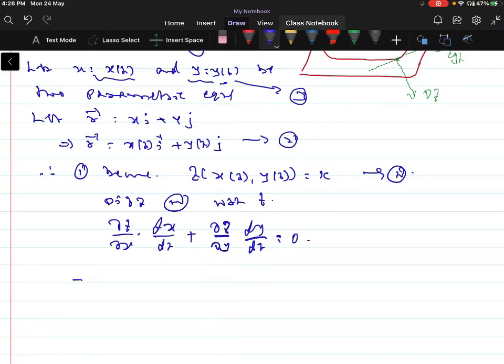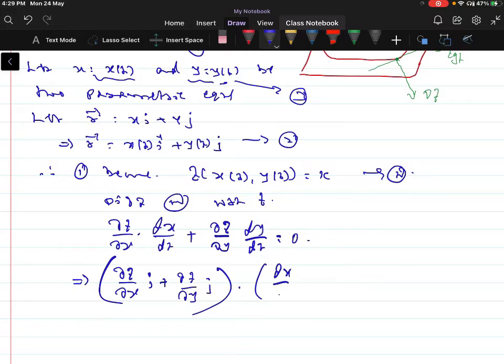So this implies ∂f/∂x i cap plus ∂f/∂y into j cap. We can put it in vector form: dx/dt i cap plus dy/dt into j cap is equal to 0.